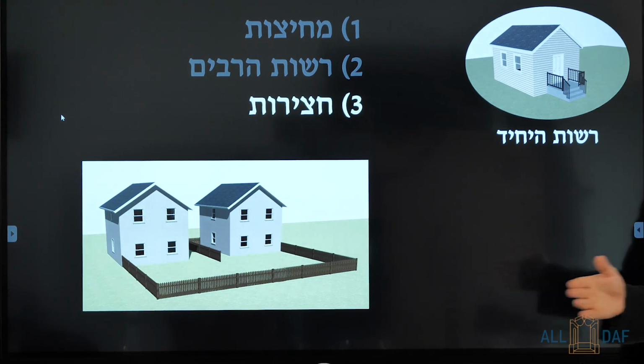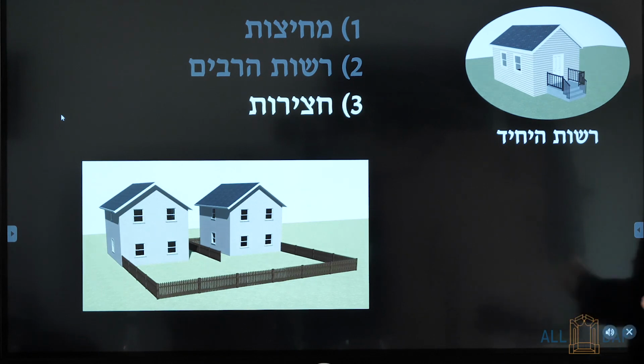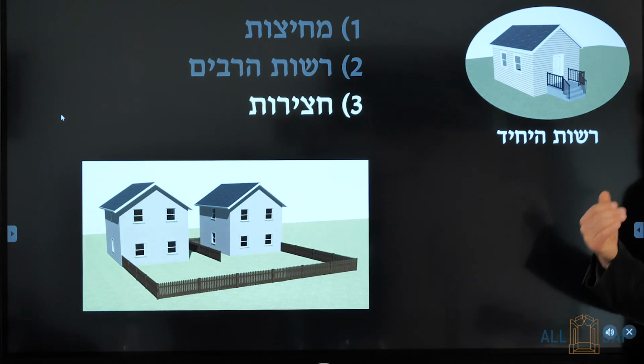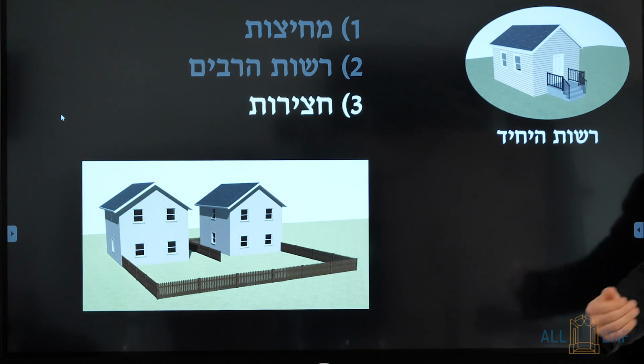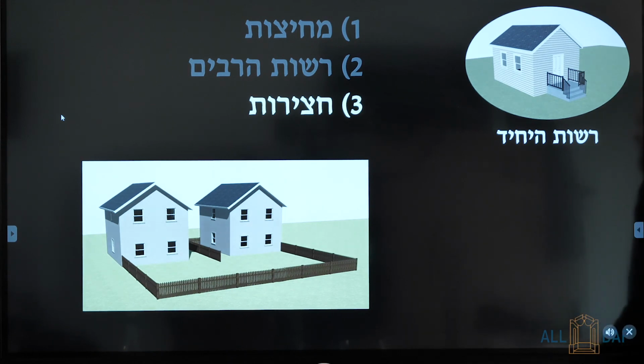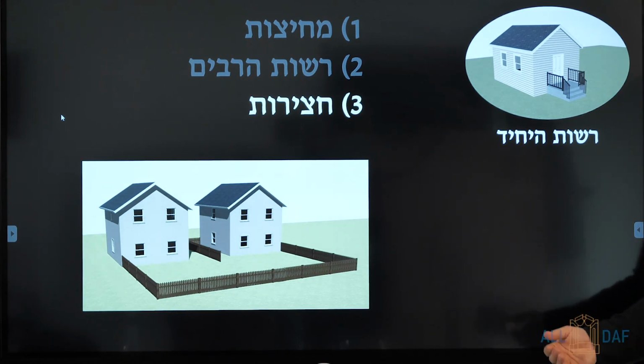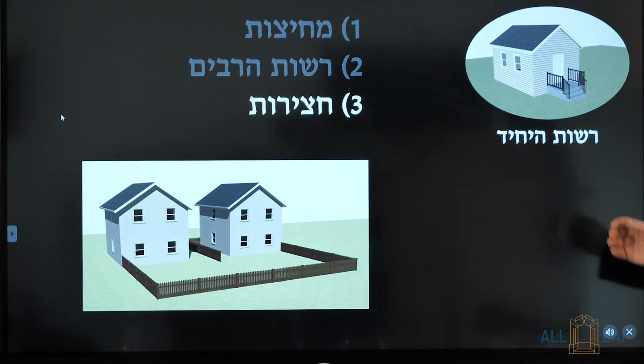On a certain level, that may come across as carrying from a Rishus HaYachid, my private house, it's only mine, to a yard. Okay, granted, it's enclosed and it's really a Rishus HaYachid, but it doesn't have the same impression. It's shared with other people. Perhaps that could be confused with a Rishus HaRabim, where I'm carrying from a more private to a lesser private domain. So the Chazal said, no, that's also not good.